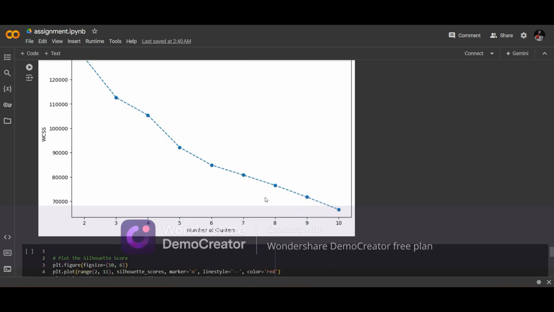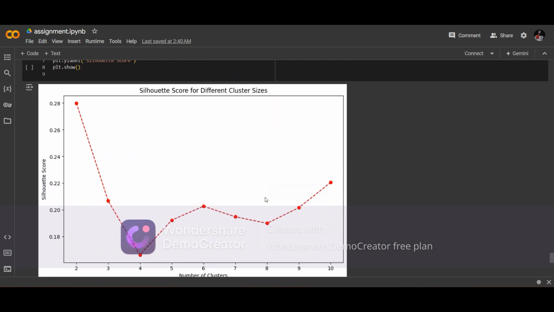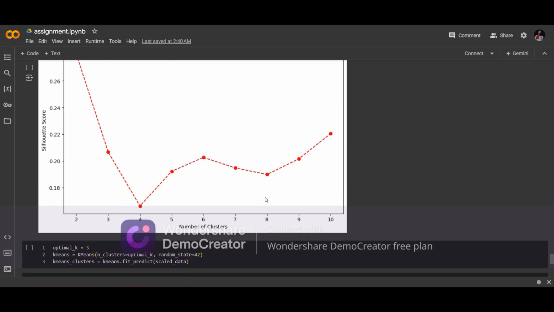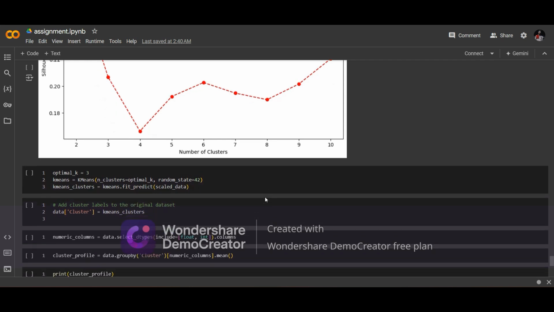That's why I have used silhouette score, another plot, which shows that three clusters can be an optimal K.